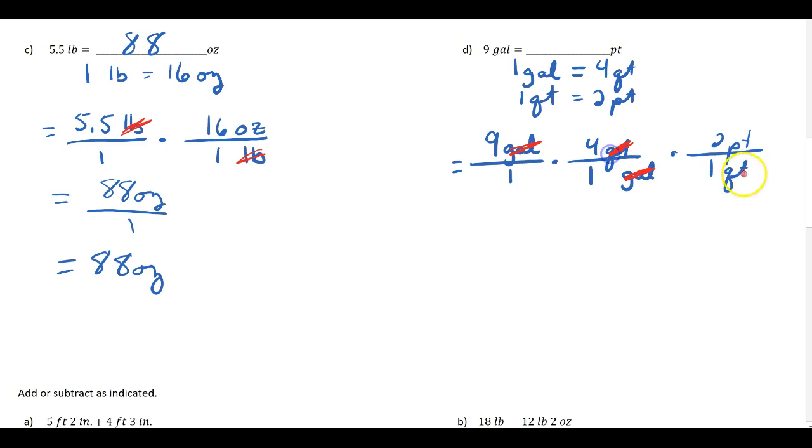So I'm going to cancel out the quarts, and that's going to leave me with 9 times 4 times 2. So 9 times 4 is 36, times 2 is 72 pints over 1. So 9 gallons is the same thing as 72 pints.